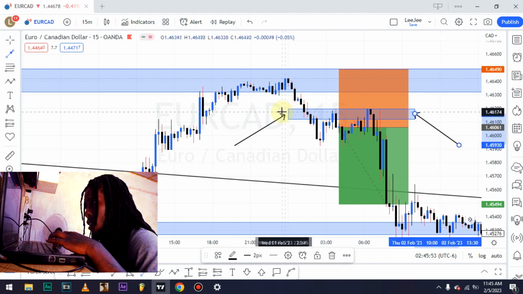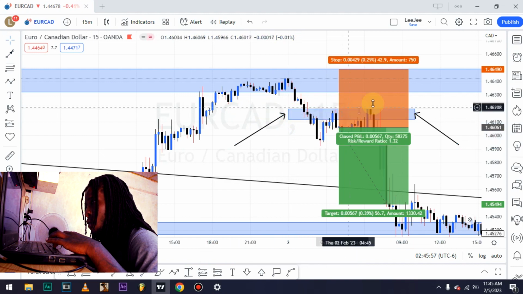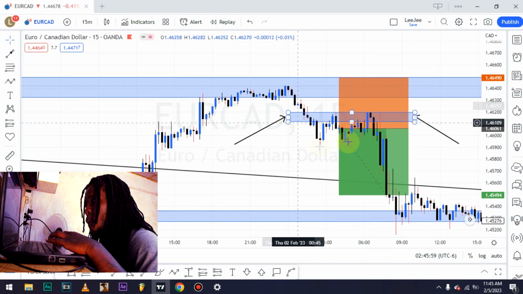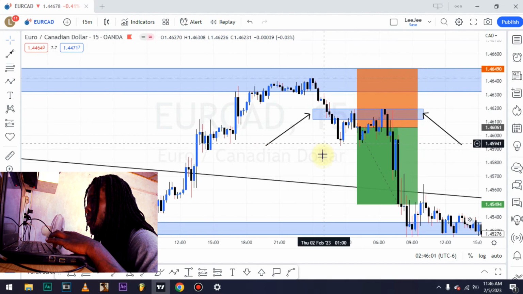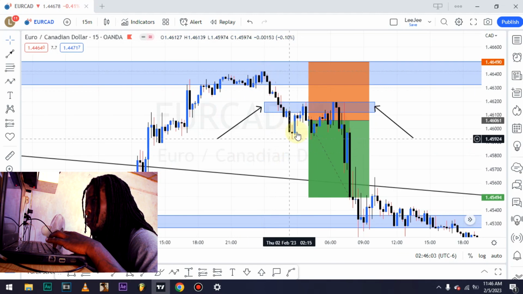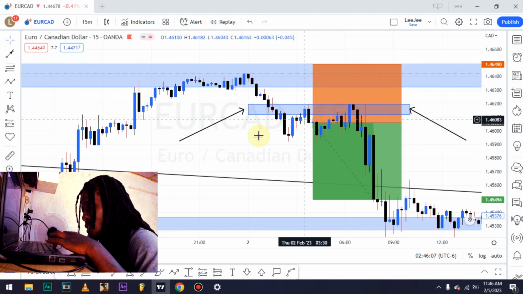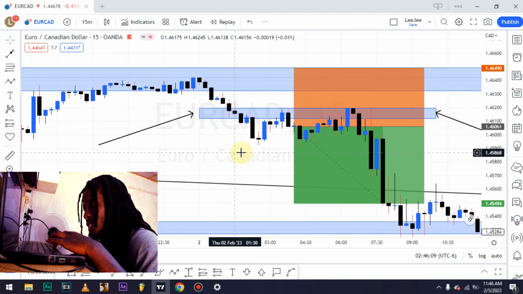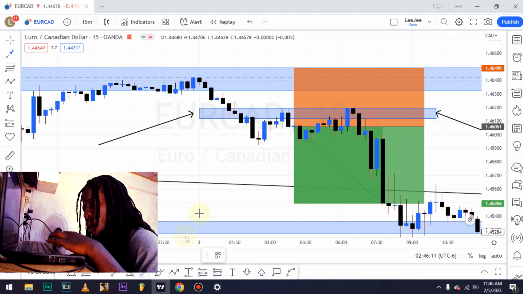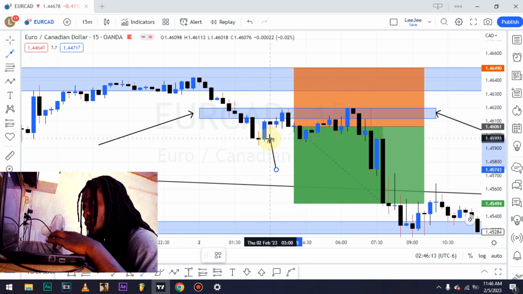So you can see that this zone that I drew over here was the new support or resistance zone that was being formed. So how did I enter this market? With these rejections, I can see that the buyers were not really getting into this market.